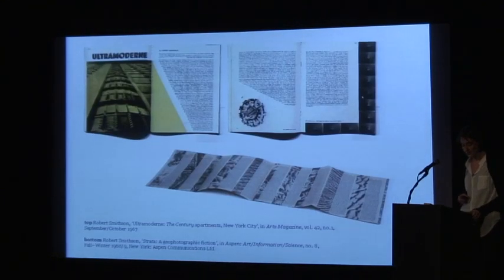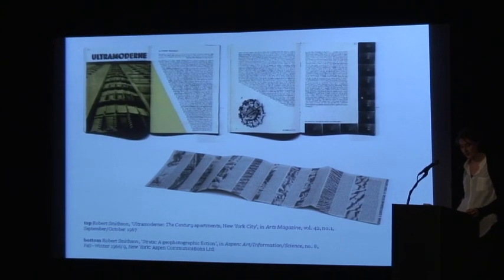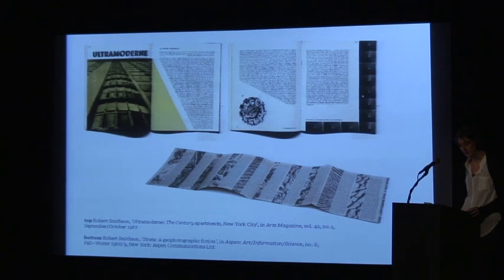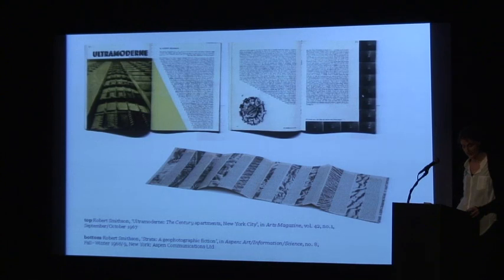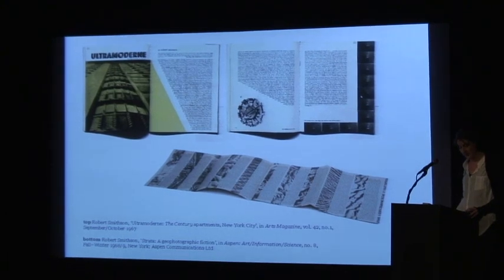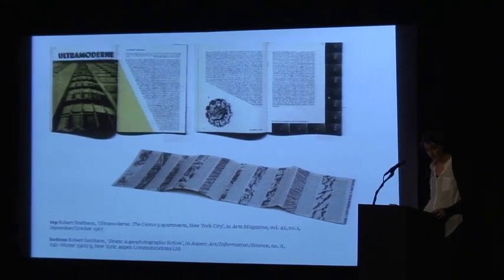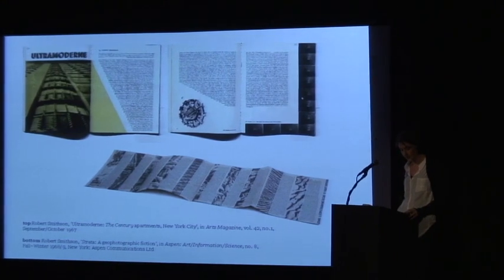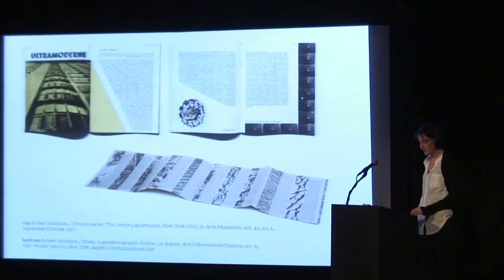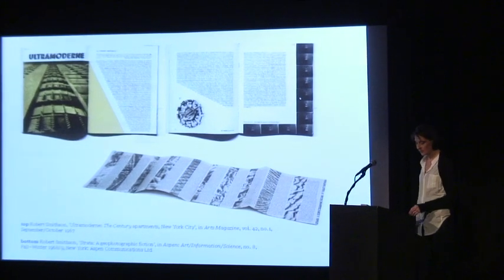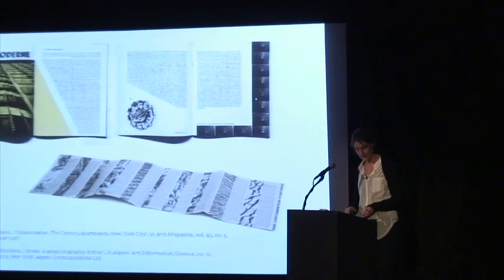And other times they were clearly designed by Smithson so that the layouts work as a constituent part of the piece, as here with Ultra Moderne at the top, published in Arts Magazine, and Strata, a geophotographic fiction, at the bottom, published in Aspen. This, it seems, often depended on his direct editorial position on the magazine or his personal contact with other contributing editors, such as this issue of Aspen, where Dan Graham was acting as guest editor.